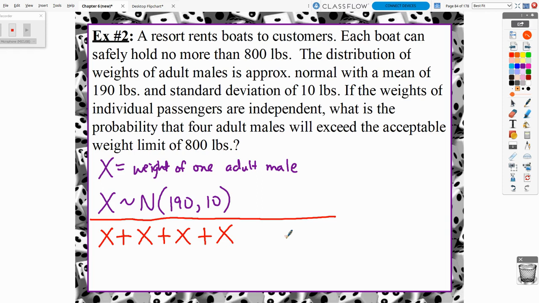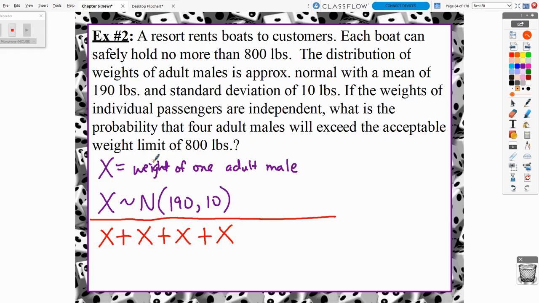And I would agree, that is 4X. But in algebra, X represents a singular value. So if we were to add a singular value to itself 4 times, yes, that is equivalent to 4X. But X statistically in this problem represents the weight of one randomly selected adult male.